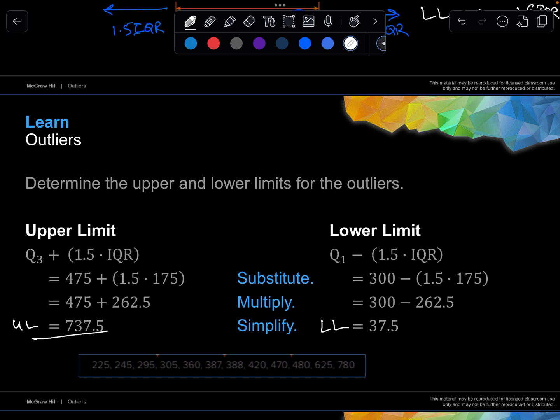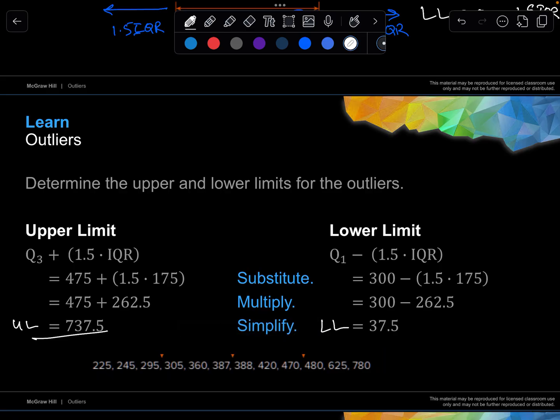If I were to paste this here, let's compare our lower limit and our upper limit. My lower limit is 37.5. That is well below the lowest value that I have. Whereas my upper limit is 737.5, which falls over here. Right? So if you look at this, you determine that you have one outlier whose value is 780.